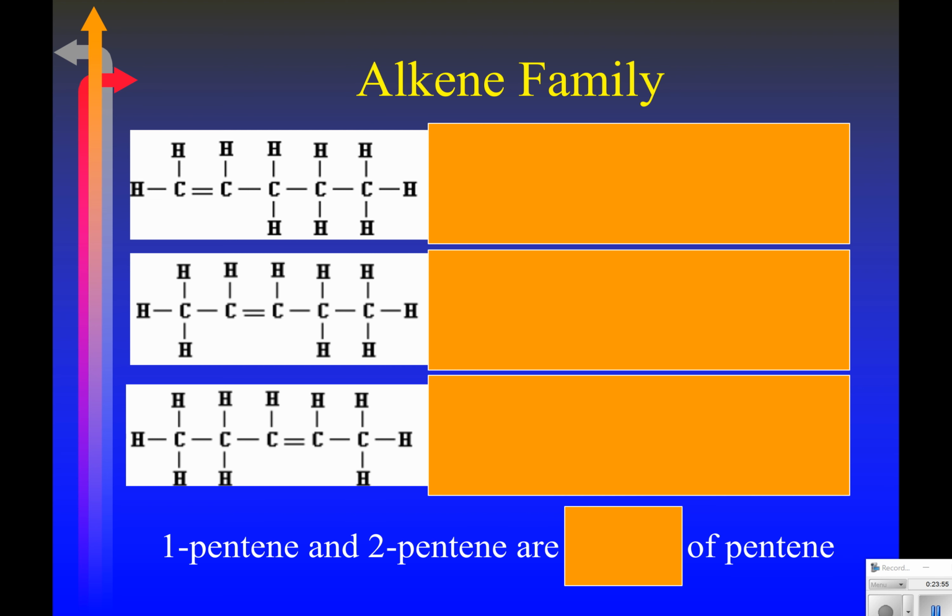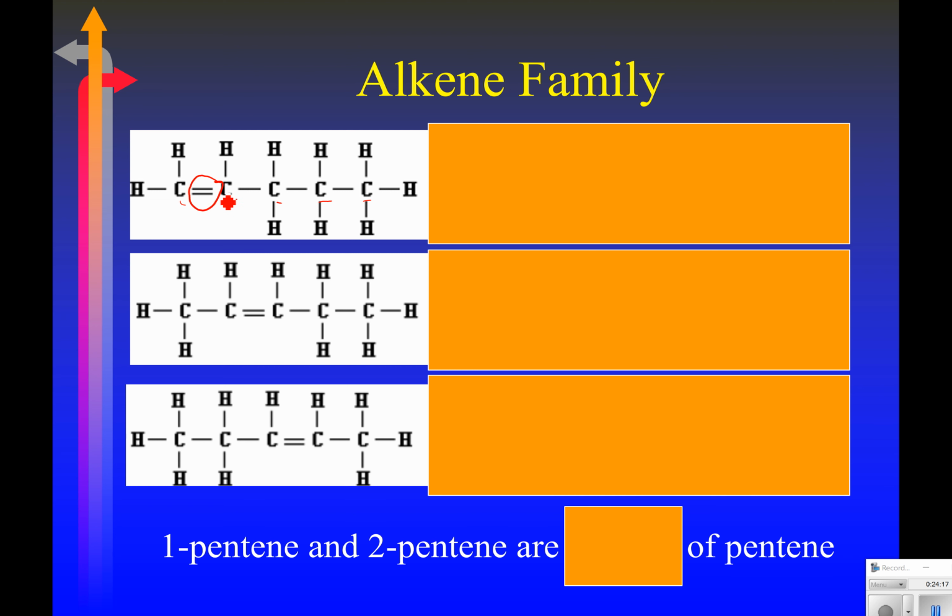So a little example here. We'll do a few of these. On the top, we first identify how many carbons we have. We have 1, 2, 3, 4, 5. So we get the prefix pent. We have 1 double bond here, so it's part of the alkene family. So this is pentene.